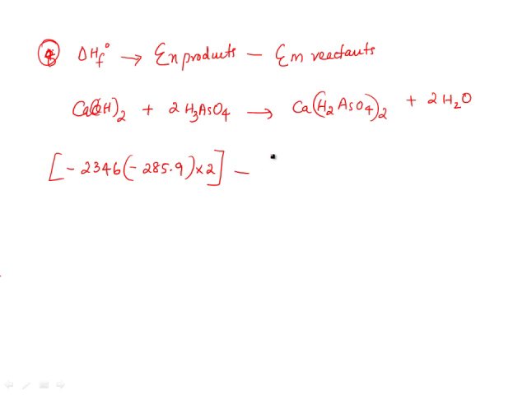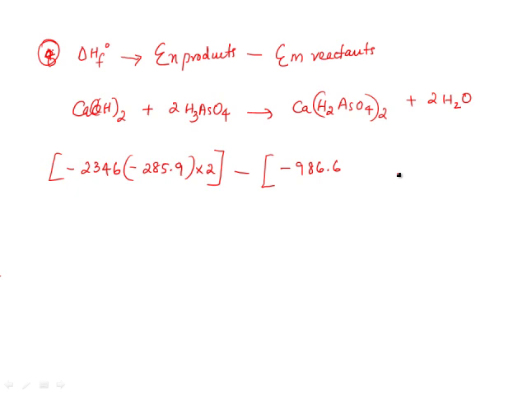Minus, now come down with the reactants. There is only one calcium hydroxide and the number is negative 986.6. The other reactant is H3AsO4.